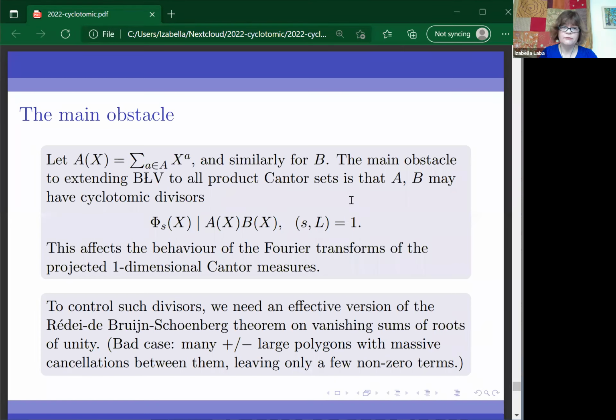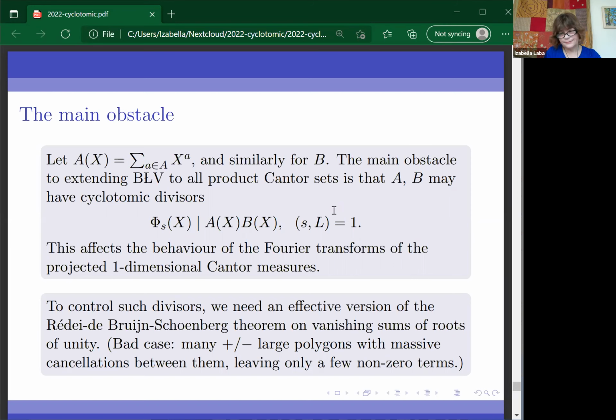If we have only one cyclotomic divisor, then we can solve the Cantor set problem, and actually that was already done in the paper with Bond and Volberg. The problem is that you may have many different cyclotomic divisors.